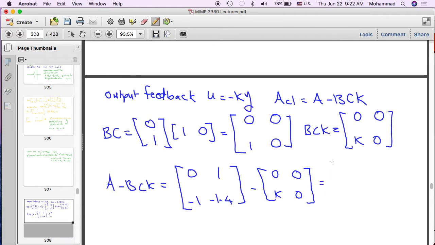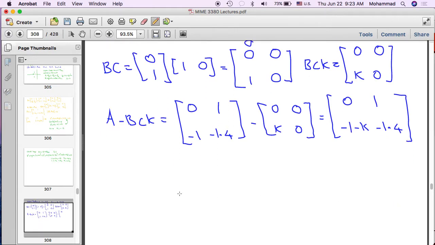So again, a 2 by 2 matrix, subtracting, you get 0 here, 1 here, minus 1 minus K here, minus 1.4 here. So this is A of closed loop with an output controller, otherwise known as a proportional controller.